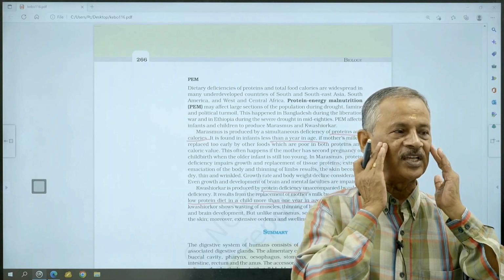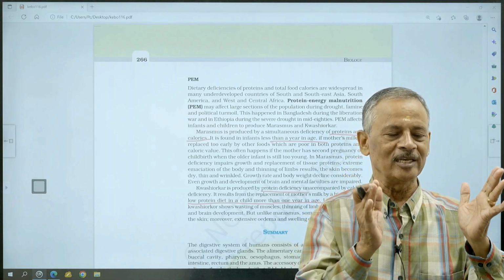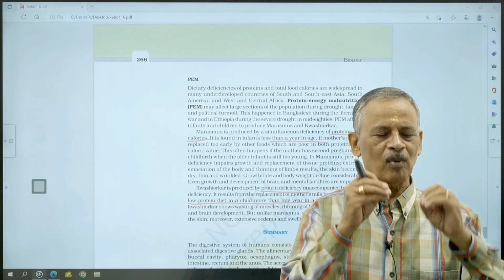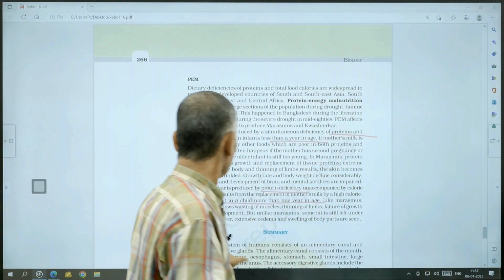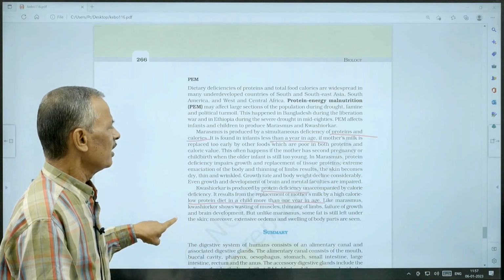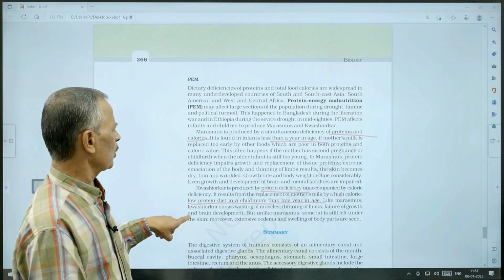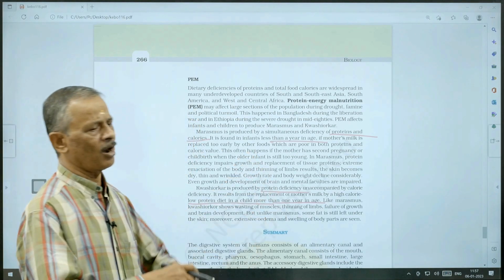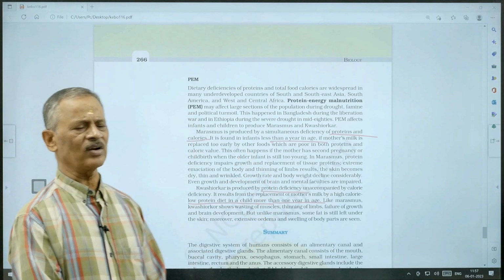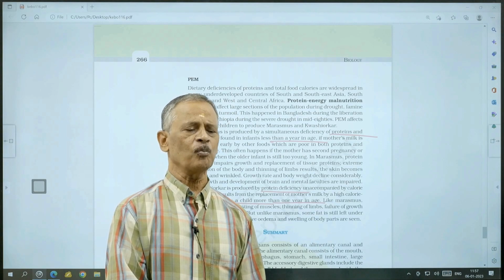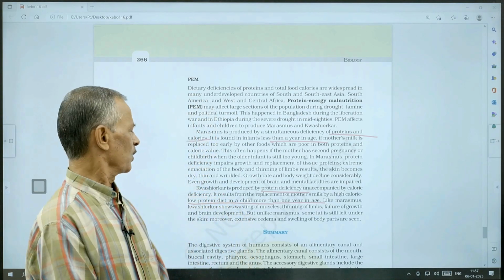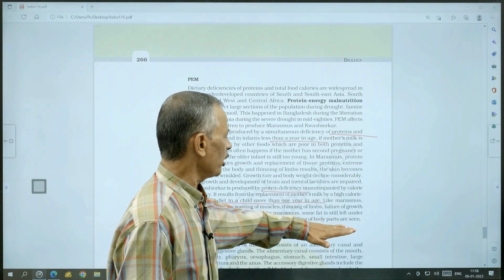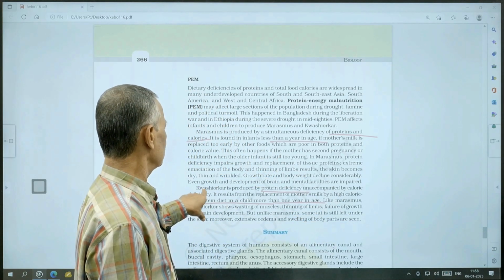The face is not like an old man in babies, because there is already some amount of fat. And there is extensive edema. What is edema? Accumulation of body fluids beneath the skin. So extensive edema and swelling of body parts are present in kwashiorkor.